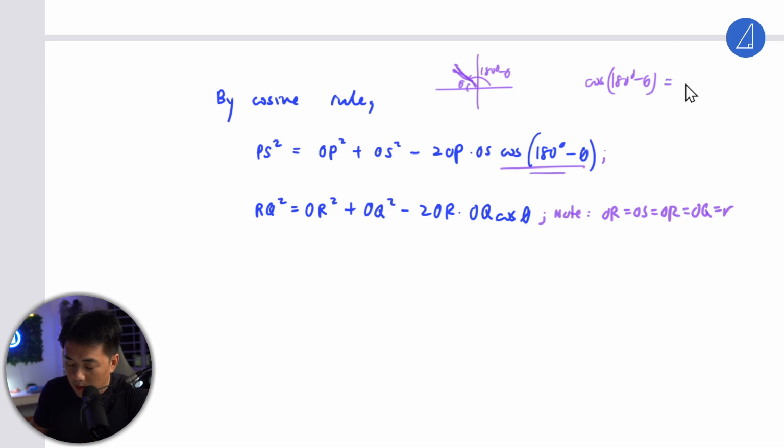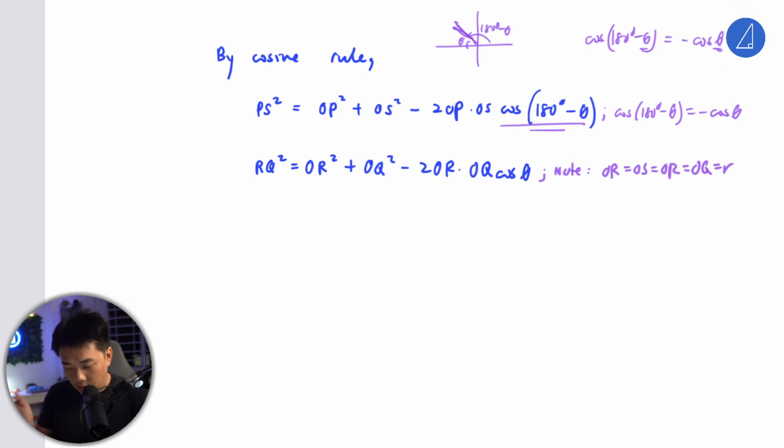In the second quadrant, cosine is negative. So you just replace this with negative cosine. So note that cosine 180 minus theta is minus cosine theta. We can also use the addition formula to do it. But anyway, that's that.